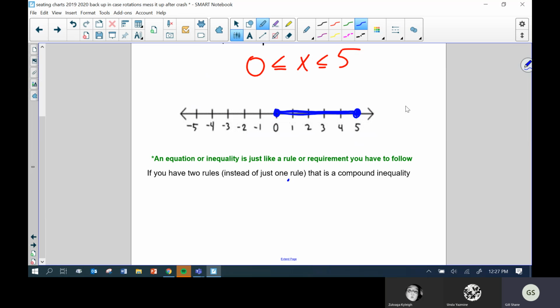That's really what they are. So our rule in this case is x needs to be greater than or equal to 0 and less than or equal to 5. That's two rules technically. If we have two rules like we do here, that's what makes it a compound inequality. Like if it would have just said x has to be less than or equal to 5, that's just one rule. That's just a normal inequality.